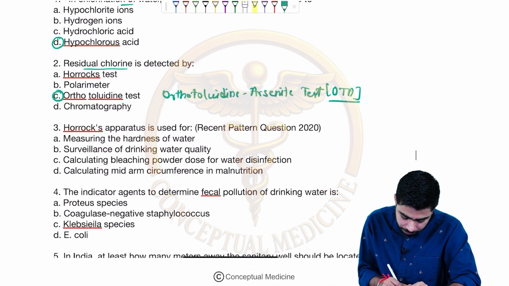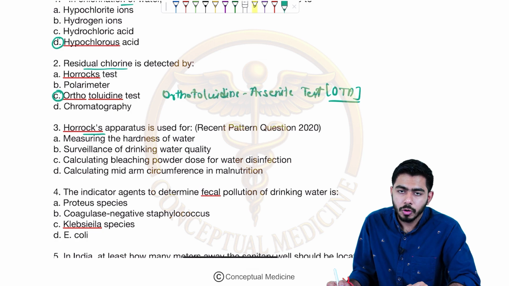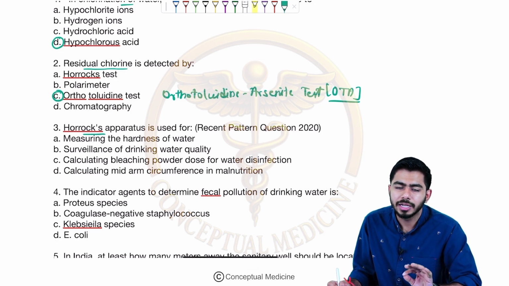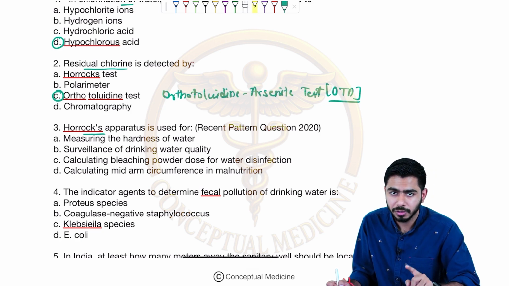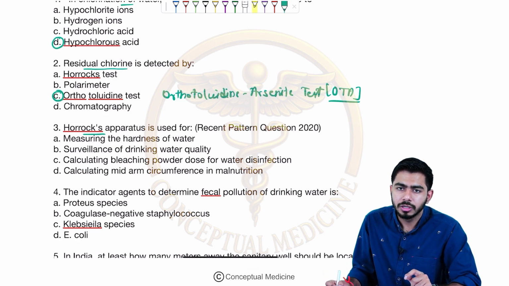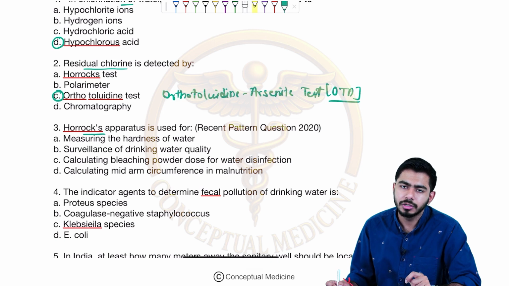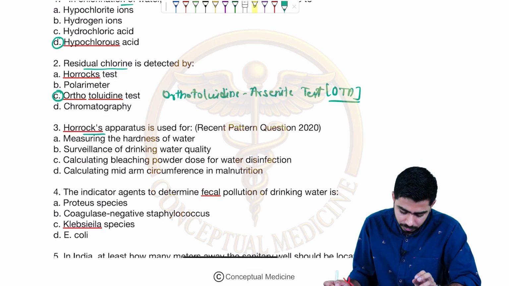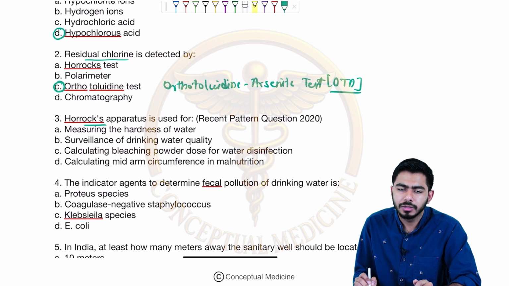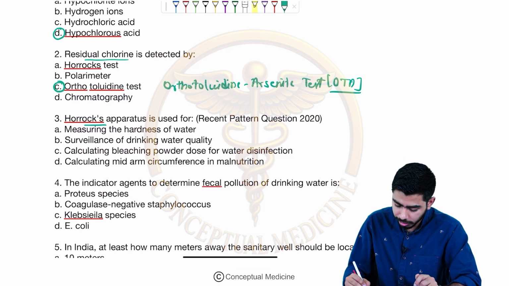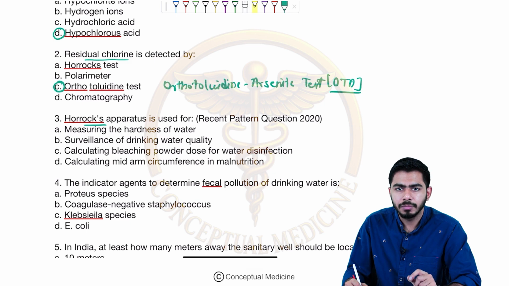Third one, guys, the Horrocks apparatus, they are asking what it is used for. I told you about it in detail and showed you the image as well. If you remember, 6 white cups and 1 black cup, and we use starch iodide as a reagent over there. We used it to calculate the bleaching powder dose. Whichever cup gets a bluish color first is considered to have residual chlorine.